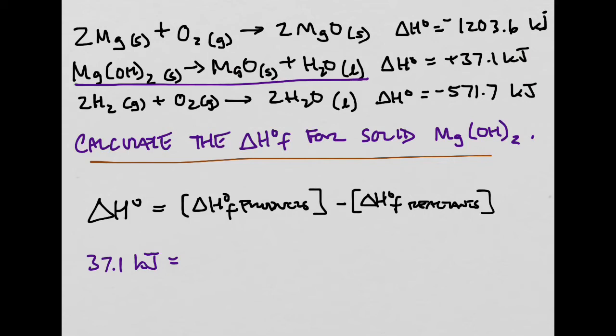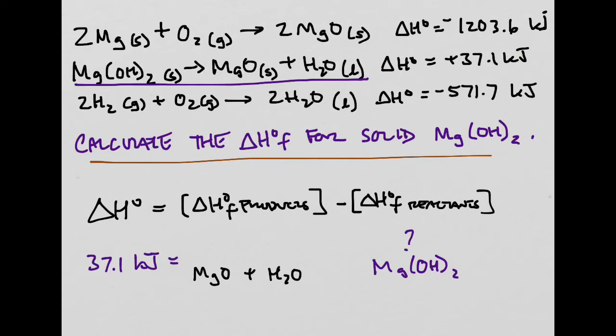And of course, the products in this case are MgO and water. You can see that right up here. And the reactant, there's only one reactant here, is going to be my MgOH2. And don't forget, that's what we're trying to go for here. I'm trying to calculate the standard enthalpy of formation for the MgOH2. So this is my question mark right here.